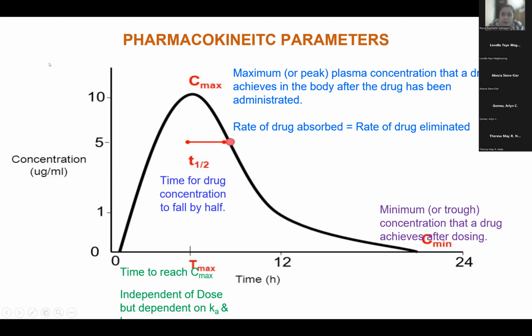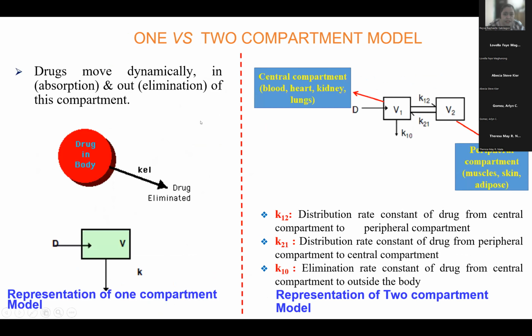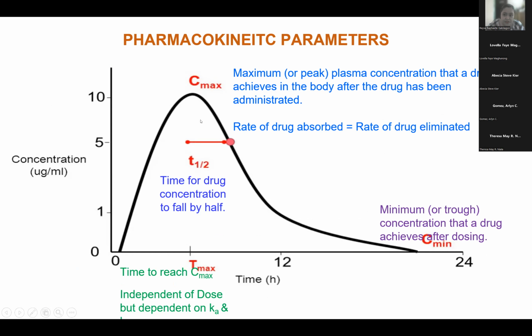The Cmax is our peak plasma concentration, the maximum concentration that is achieved in the body after drug administration. Okay, and that includes, class, the computation or measurement of the time of absorption or the rate of absorption, and at the same time, the rate of drug elimination.